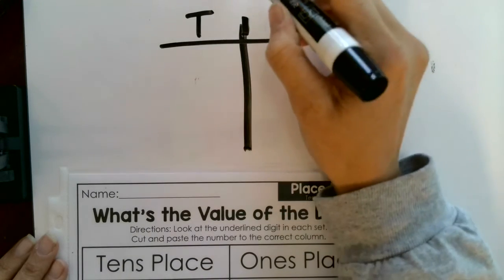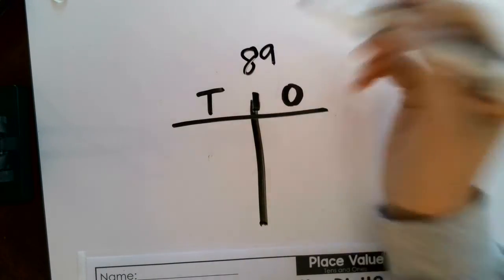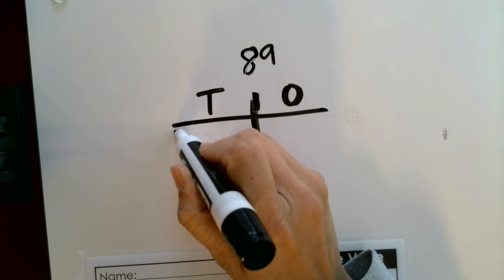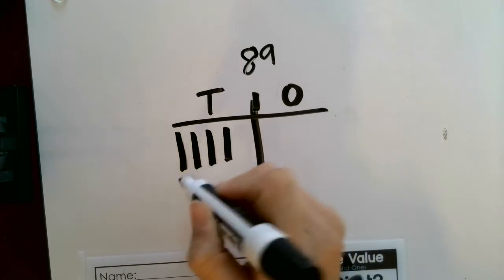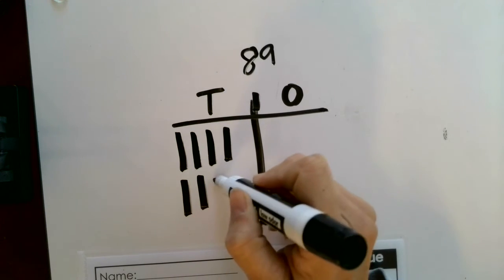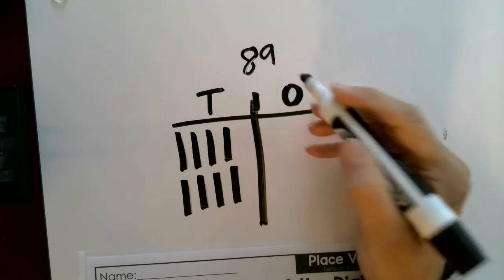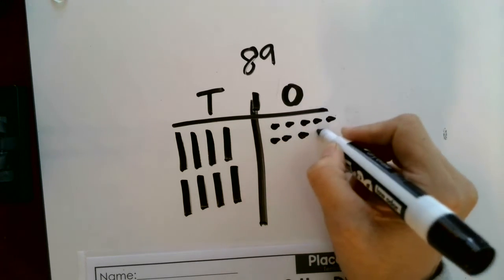So for the number 89, and if I put that right here, you know what number I'm building. You could draw it out just like that. So you could go 8 tens, and 9 ones, 1, 2, 3, 4, 5, 6, 7, 8, 9.